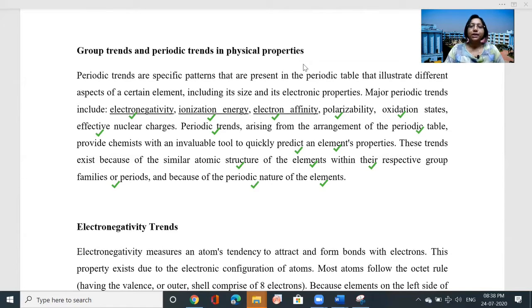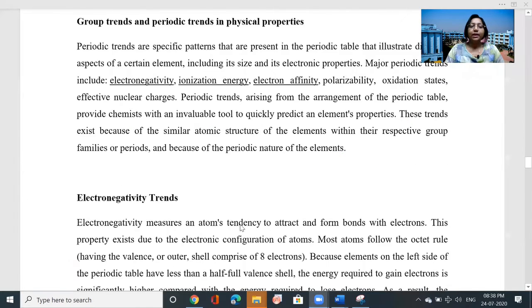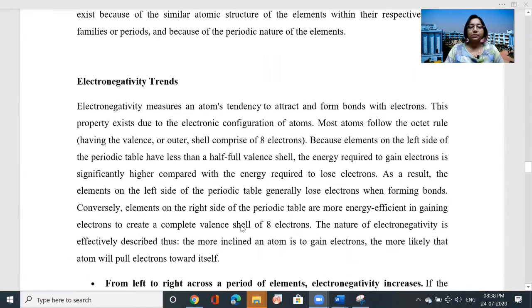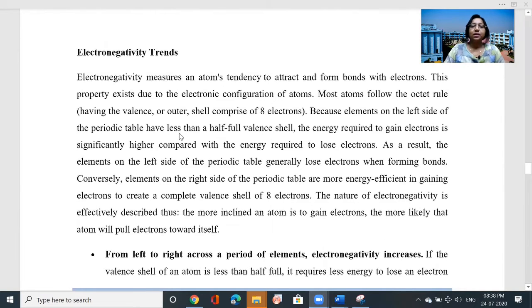Now, first I will tell about the electronegativity trends. Electronegativity measures an atom's tendency to attract and form bonds with electrons. This property exists due to the electronic configuration of atoms.